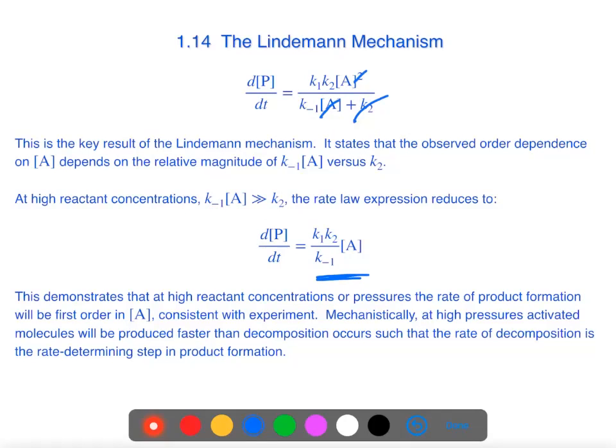This demonstrates that at high reactant concentrations or pressures, the rate of product formation will be first order in the concentration of A, consistent with experiment. Mechanistically, at high pressures, activated molecules will be produced faster when decomposition occurs, such that the rate of decomposition is the rate determining step in product formation.